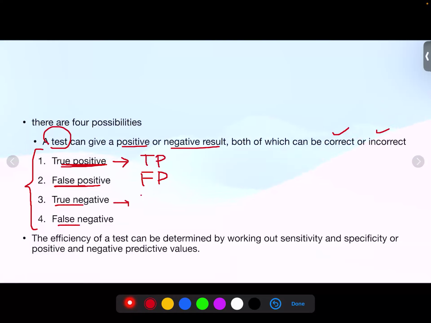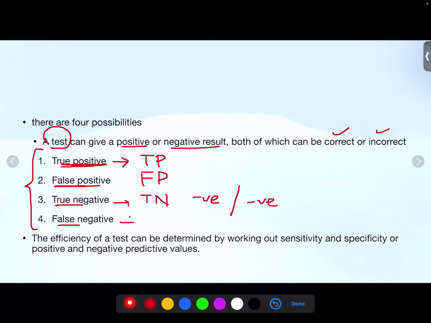True negative means that the test shows a negative for that disease, and if you compare with the gold standard test, that also shows that this patient does not have any disease. It means the test has detected a true negative.